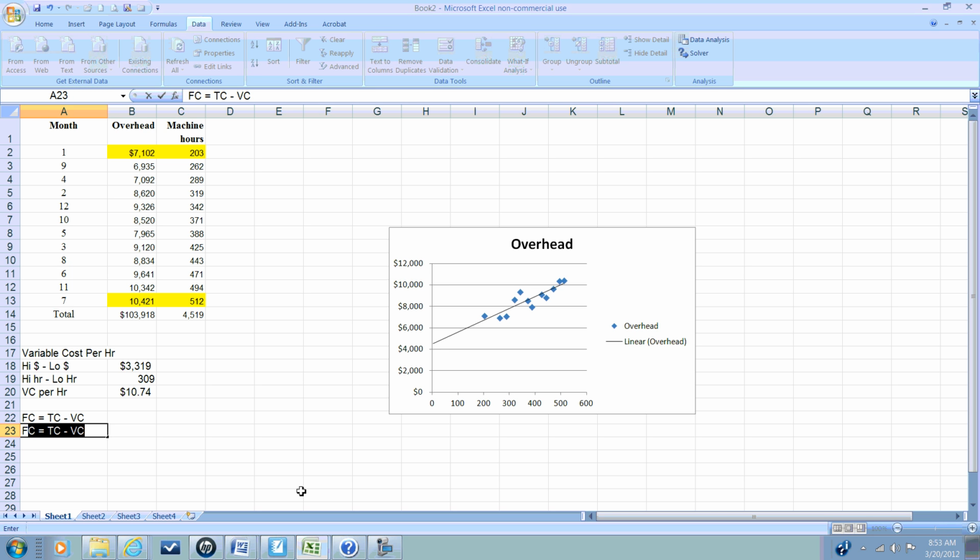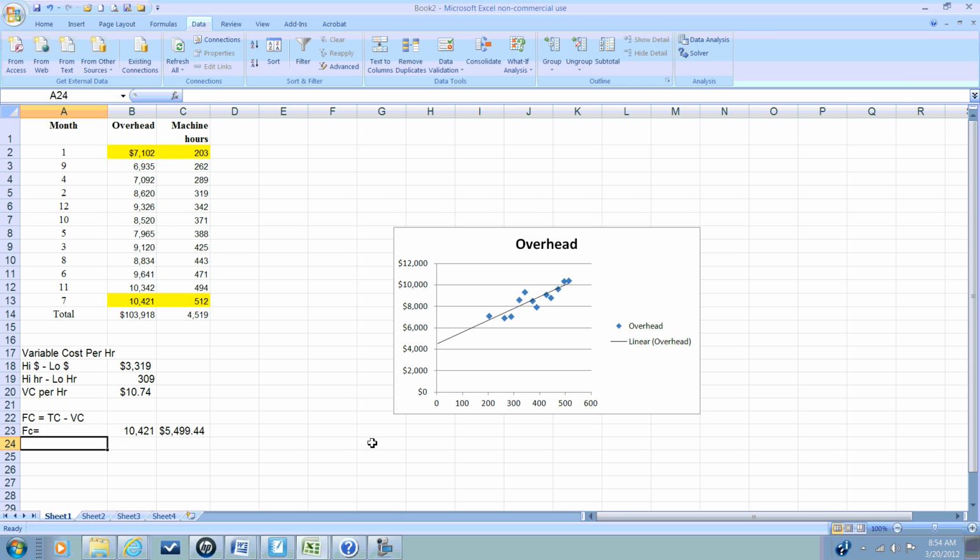So our fixed cost is going to be equal to our total cost of 10,421 minus 512 hours times 10.74. So that's our formula.